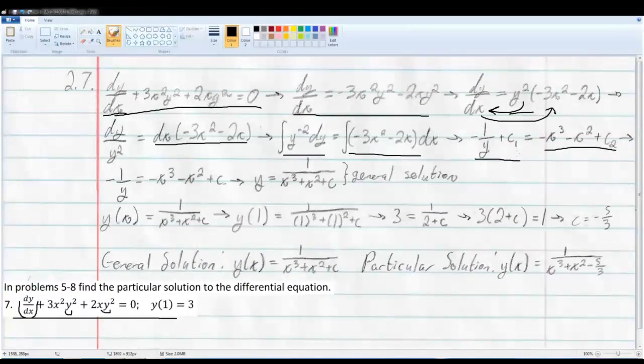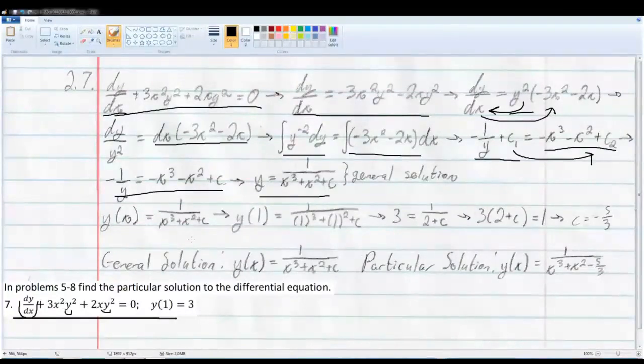Since they're both numbers, we could just move this to the other side, because we don't really know what it is yet, and we'll just have one number. So that's exactly what I did. I solved for y, and I also just combined the c's because it's one constant we're solving for. And then this becomes the general solution.